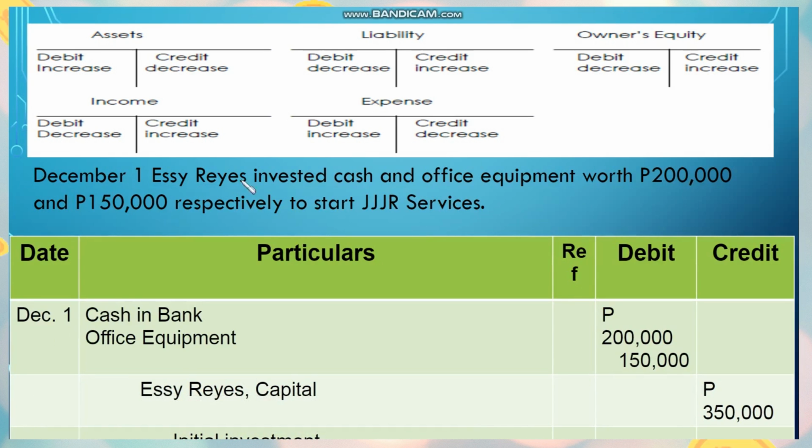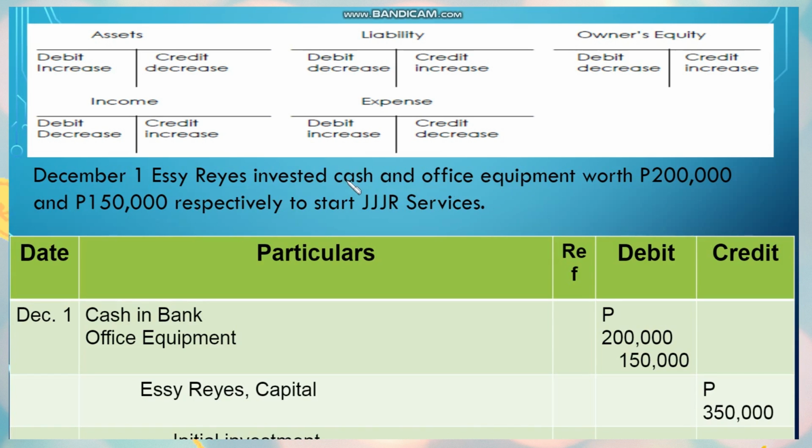What if S.E. Reyes invested cash and office equipment worth 200,000 pesos and 150,000 pesos respectively to start JJR services? In this case, the business received cash and also office equipment.